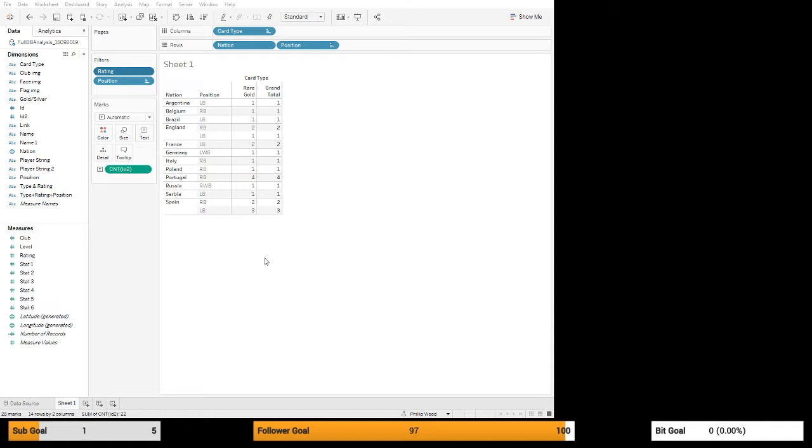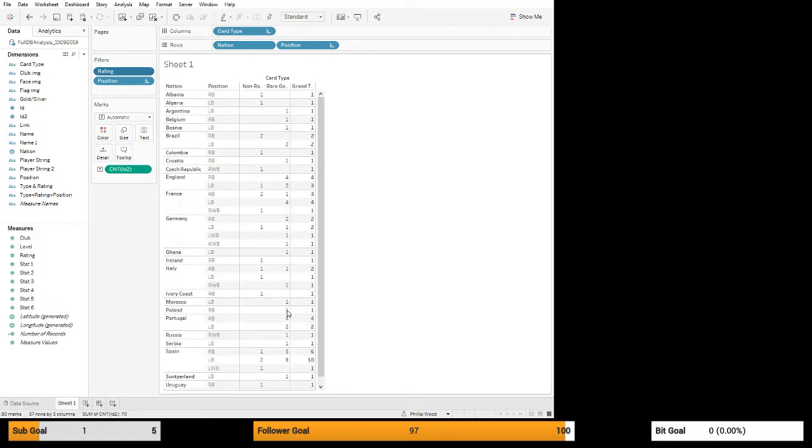So how many have we got? Brazil's got 2 right backs, 2 left backs, pretty much of any rating level until you get to the high-end stuff. You can see who those are and dig into that rating a bit.